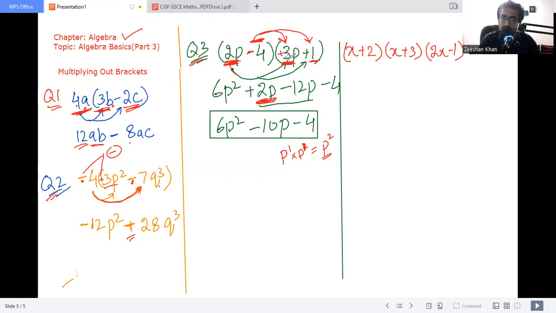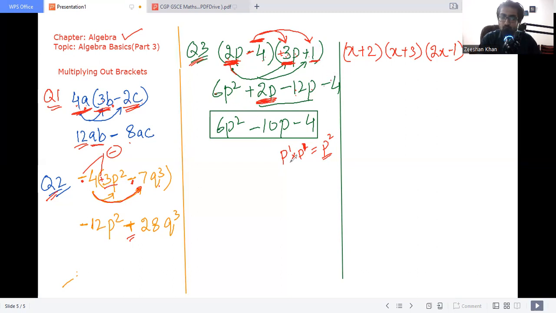So negative times positive will become negative. So therefore we will write negative. And 4 times 3 is 12, and we will write p as well. So negative 12p. And 4 times 1 is 4, negative 4, because this is negative and that is positive. So negative times positive is negative.